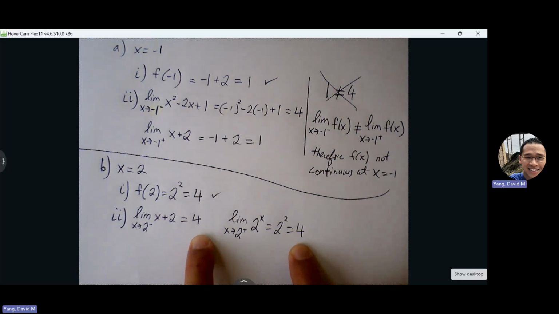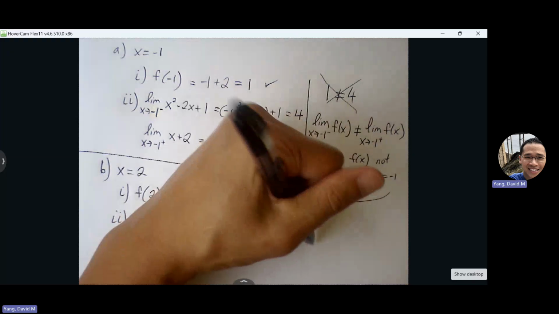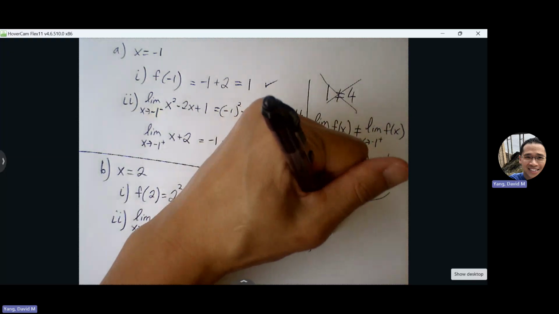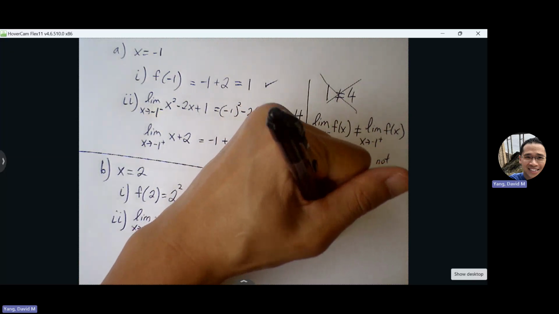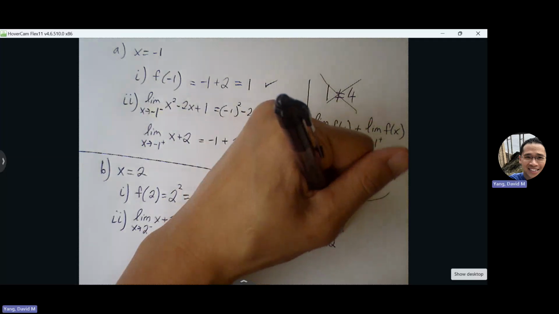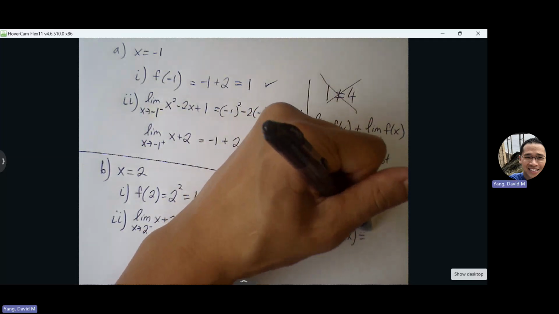Is this going to pass? Yes. So we can say, therefore, limit as x approaches 2 of f of x is equal to 4.